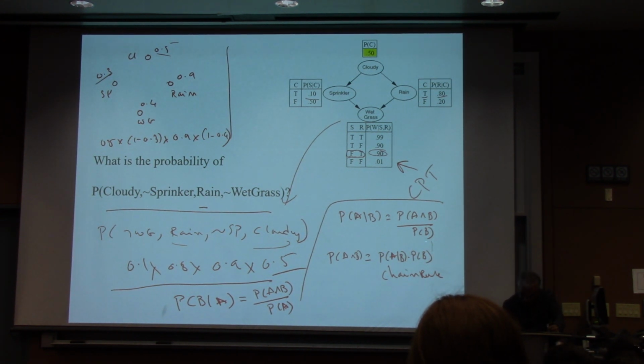Which essentially means this same probability of A and B can be written either this way or that way. Which actually means probability of B given A is nothing but probability of A given B times probability of B by probability of A.